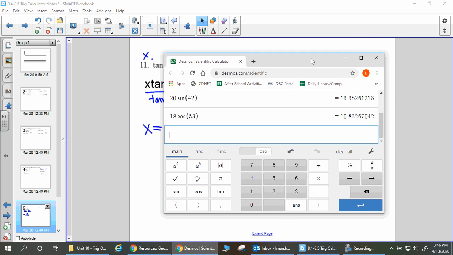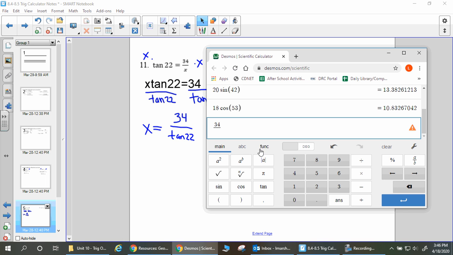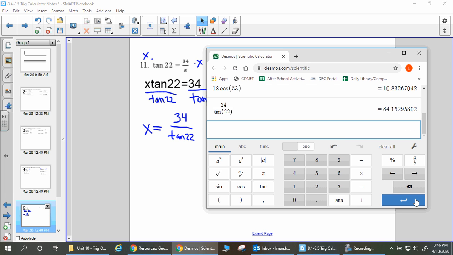So if I pull my calculator up, I'm going to enter exactly what it says. I'm going to put 34. I'm going to hit divide. Notice it puts it on the bottom for me. I'm going to hit tangent of 22, and I'm going to hit my equals.